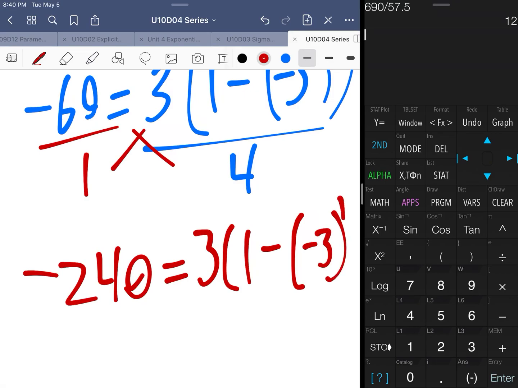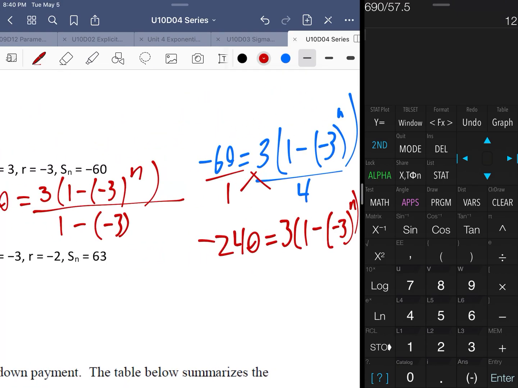Zoom in a little more to the n power, because again we don't know what that is. Next I'm going to divide both sides by 3 to cancel out this 3 here. And I'm going to get negative 80 equals 1 minus negative 3 to the n.